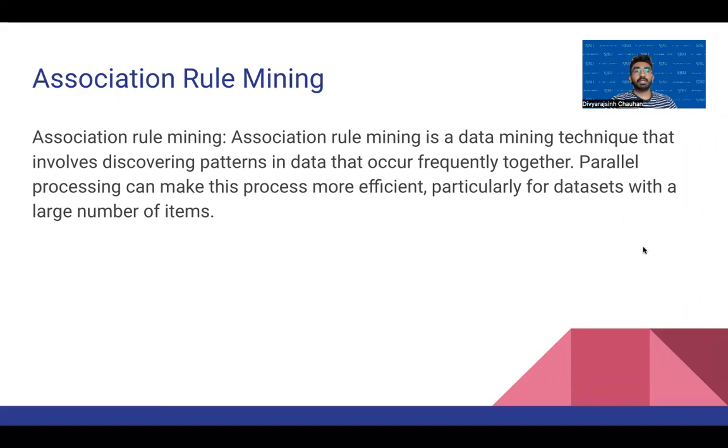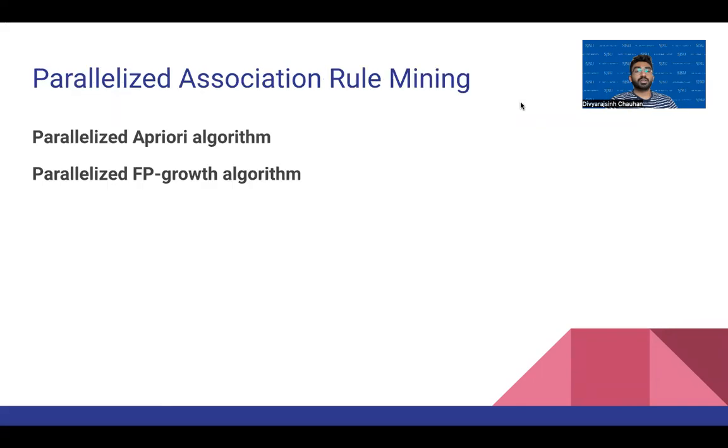So let's look at the parallel versions of association rule mining. There are two algorithms which are mainly used when dealing with association rule mining. The first one is Apriori. It is an algorithm used in association rule mining to identify frequent item sets in a data set.